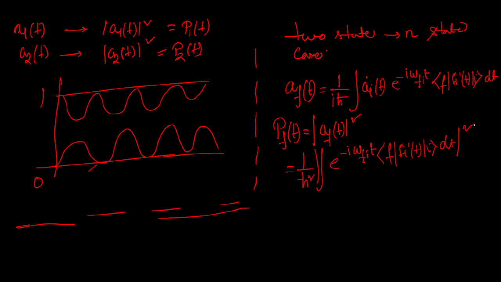So this is the first picture of the selection rule. If this probability goes to 0, there will be no transition from I to F state. Okay, so if this part goes to 0, then there will be no excitation.